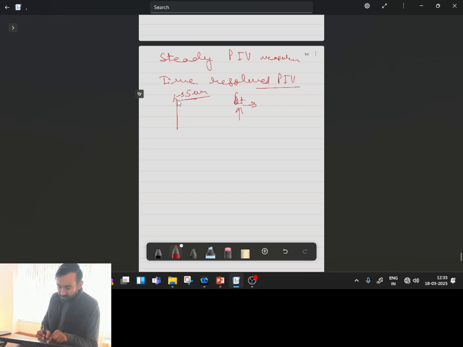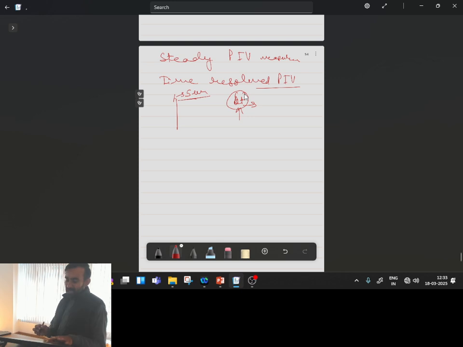Of course, though we are saying it's a 2D sheet, it still has some finite thickness. At the same time, whatever high speed camera we use, it has a depth of field. Whatever good quality camera you take, it can go up to say 1 micrometer or 2 micrometer depth of field. So if you have 2 micrometer depth of field, you have to select your delta t in such a way that the 2 micrometer depth of field is not violated during the capturing of the frame.